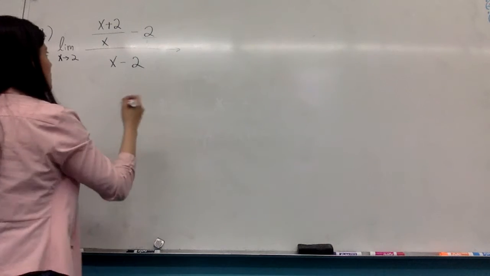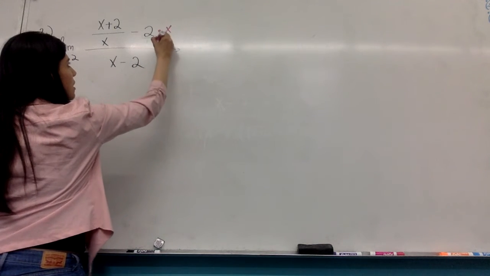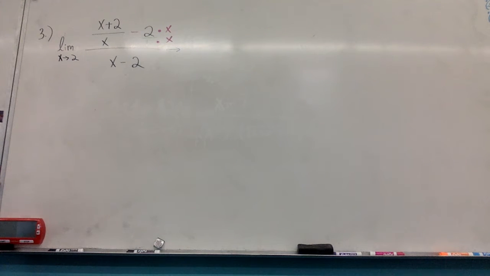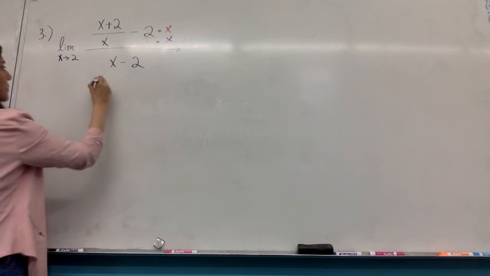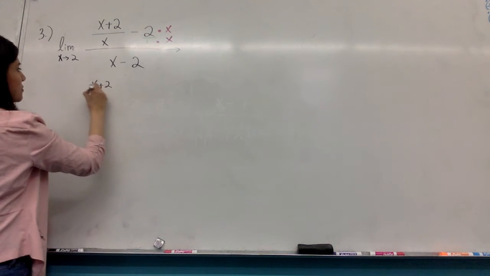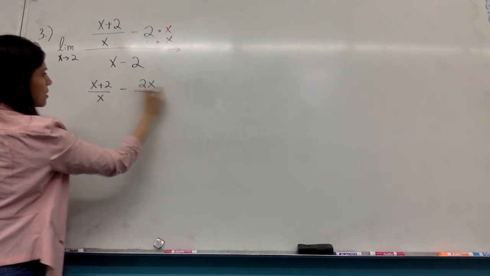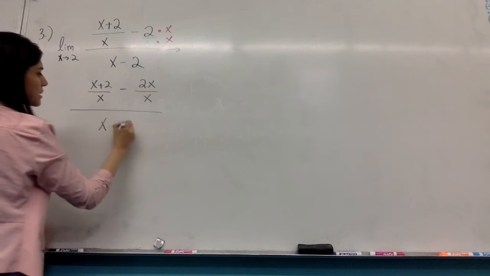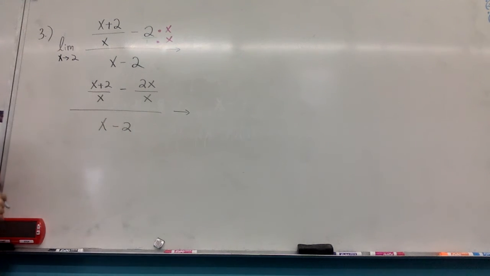After I put this over 1, in order to have a denominator of x, what I'm going to do is multiply the top and bottom of this fraction by x. Let me write out what that looks like here. So then that gives me x plus 2 divided by x minus 2x all over x, all divided by x minus 2. My next step is going to go down here.